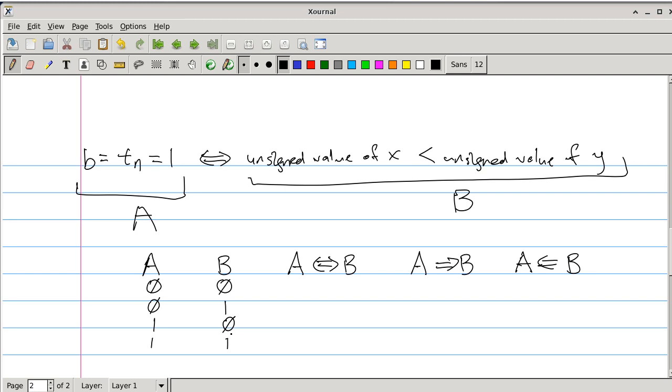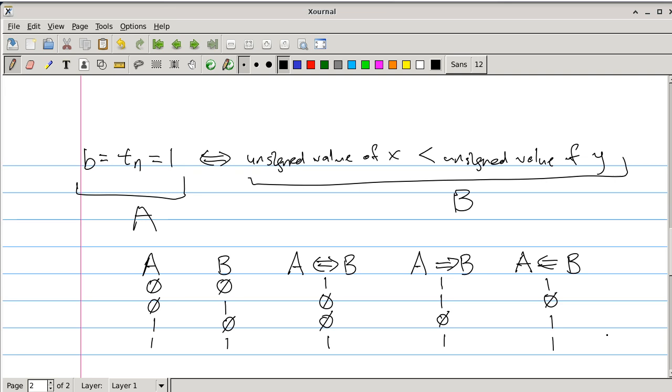So without looking into the actual definition of if and only if, I'll tell you this. This is good. This is good. These two are not good. Okay? And then we look at implication. Implication says good, good, not good, good. We look at implied by: good, not good, good, and good.